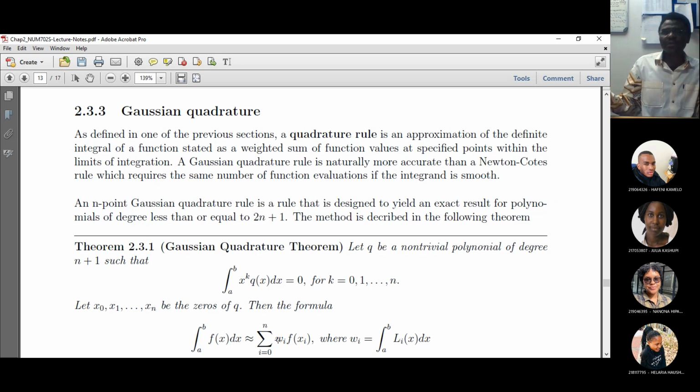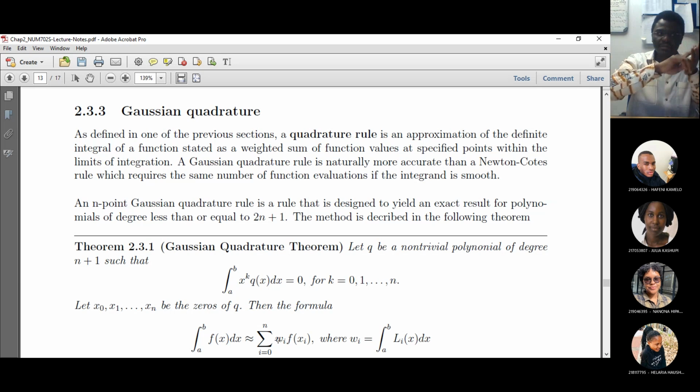We have open Newton-Cotes formulas and closed Newton-Cotes formulas. Open or closed depends on whether the endpoints, that is a and b, are part of the formula. When you write your formula, do you have f(a), f(b)? If those endpoints a and b are included in the formula and it's a Newton-Cotes formula, you say that you have a closed Newton-Cotes formula.